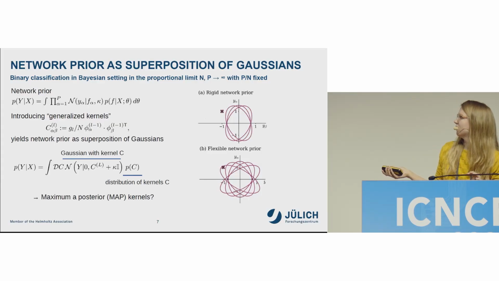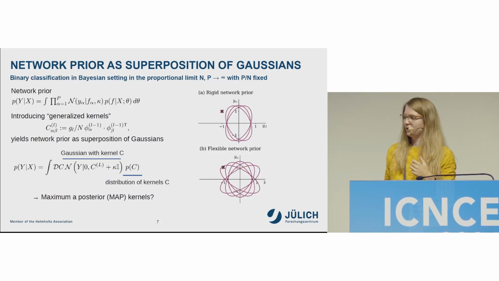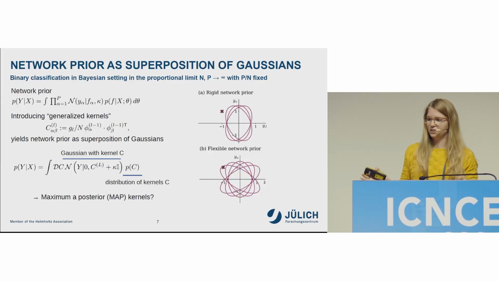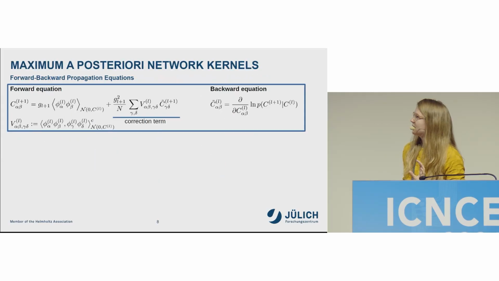And if we take those kernels in the posterior that do this, we have a distribution of kernels, which is always difficult to describe. So instead, what we look at is the most likely value of these kernels, or the so-called maximum a posteriori kernel. And now I will skip the derivation, but directly go to the result.